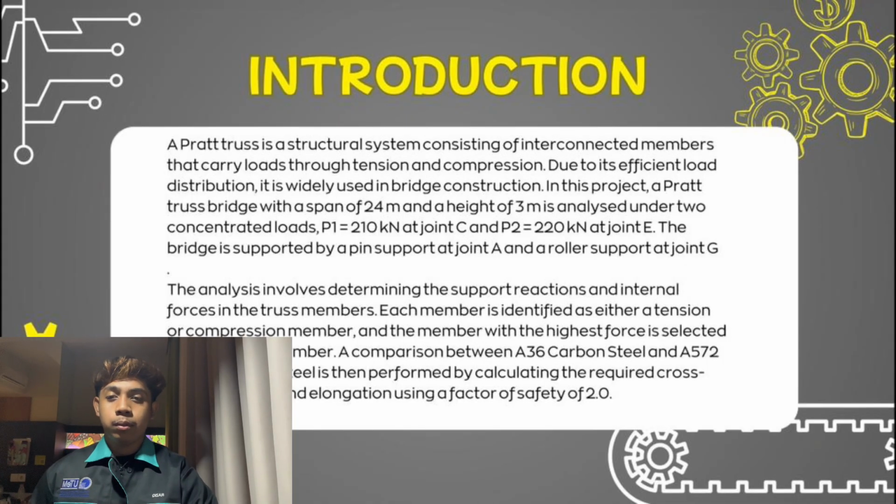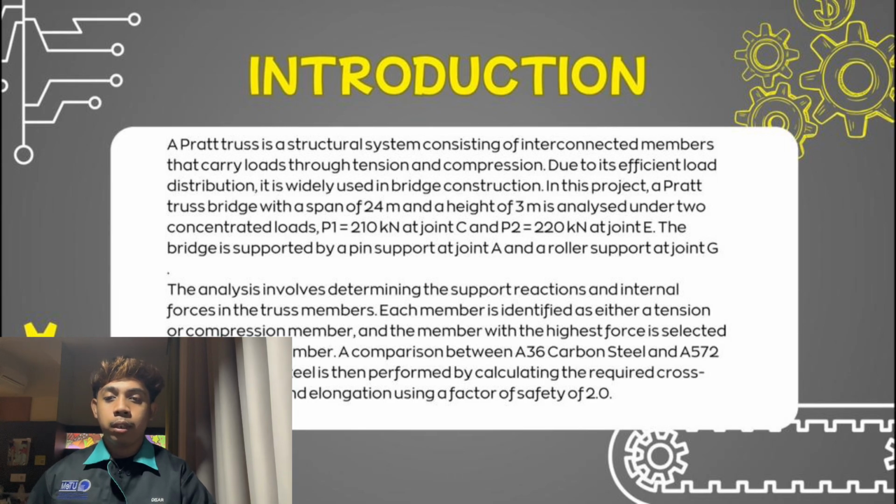Alright, now let's move on to the introduction. A Pratt truss is a structural system made up of interconnected members that transfer load through tension and compression. It is commonly used in bridge construction because of its efficient load distribution. In this project, we analyzed a Pratt truss bridge with a span of 24 meters and a height of 3 meters.